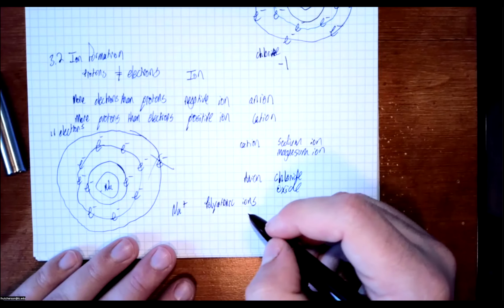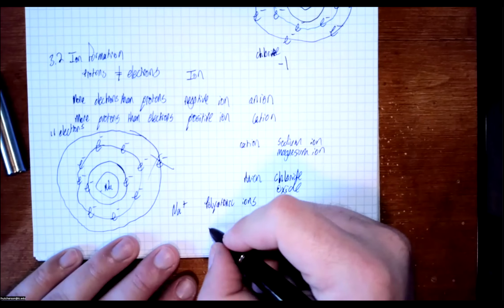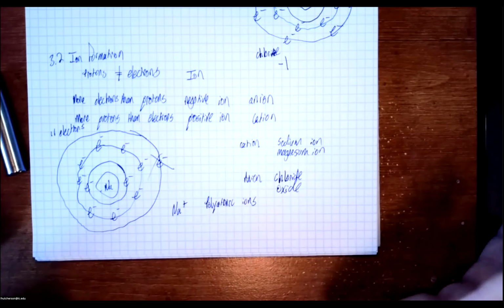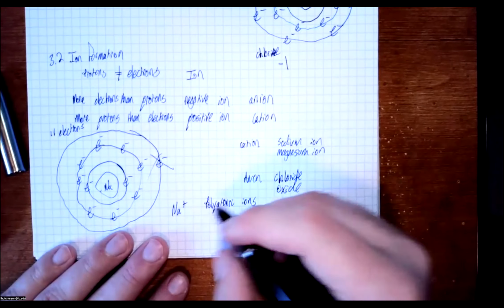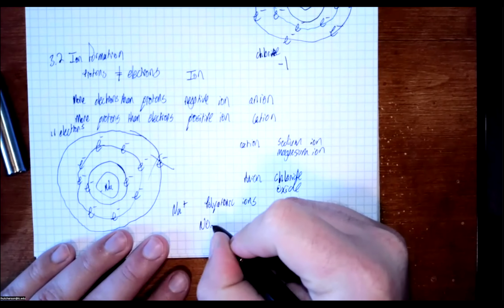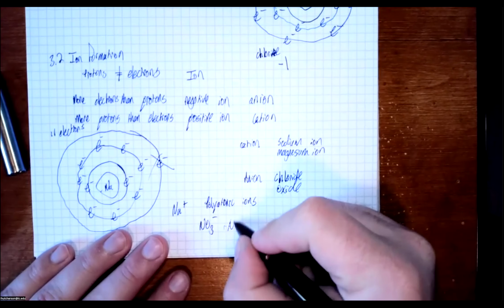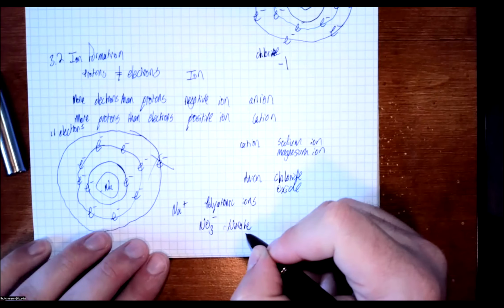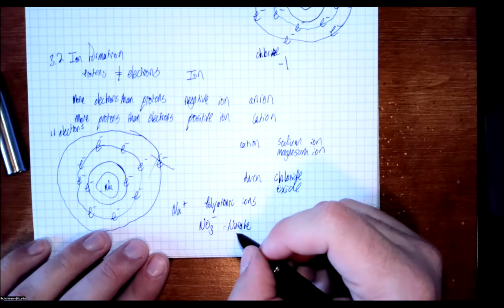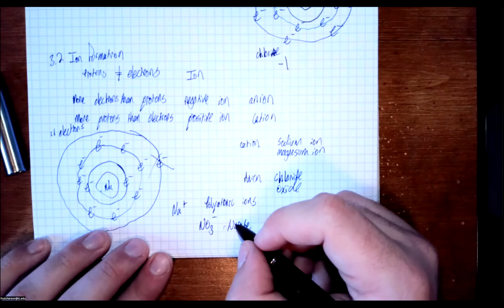Now, there are a couple of these that you all need to know. We treat these as one unit. We can't split them apart. We can't do anything with them. If you see, just for example, NO3-, which is nitrate, one of the ones you need to know, it stays as nitrate, NO3 with a -1 charge.